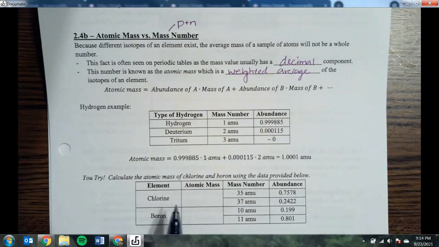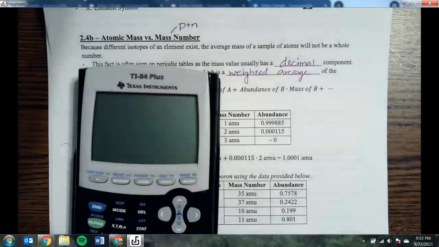So the first one I have is chlorine. I have 2 different isotopes, isotope 35 and 37, and they have different abundances. So I'm going to plug this into my calculator. I'm going to take 0.7578, which is the abundance of the first isotope, times its mass. And I'm going to add to that the abundance of the second isotope times its mass. I'm going to plug that in.